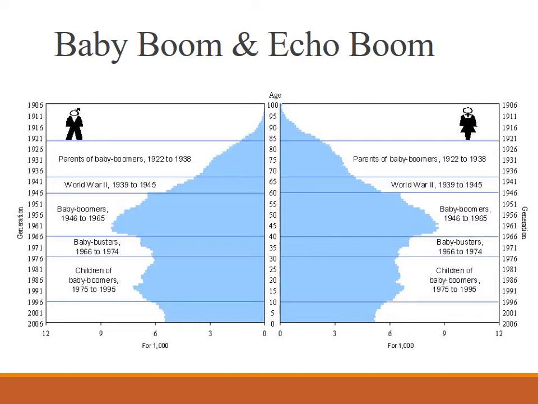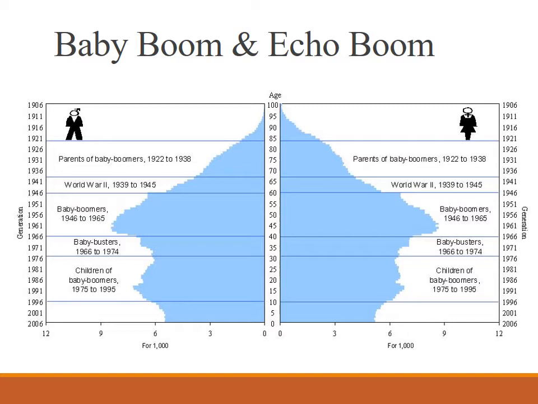It also happens in strong economic times when people feel comfortable having several children. Our baby boom, the U.S. baby boom, lasted from about 1946, right after the end of World War II, until as long as 1965, right? Anybody born within that time period is considered one of these baby boomers.